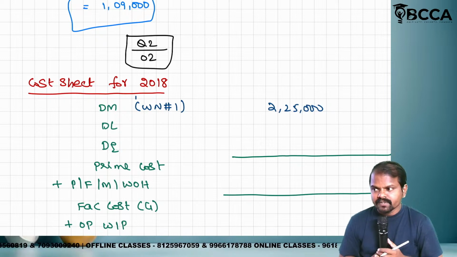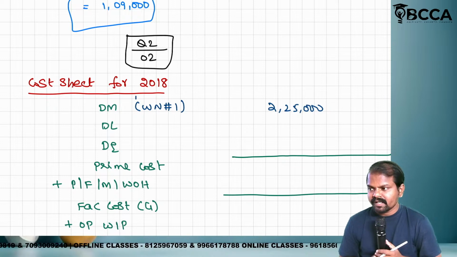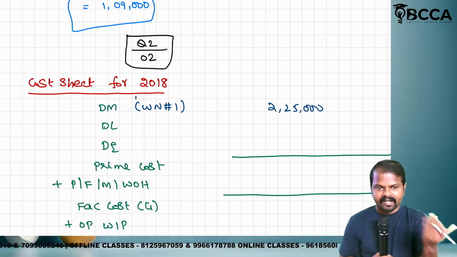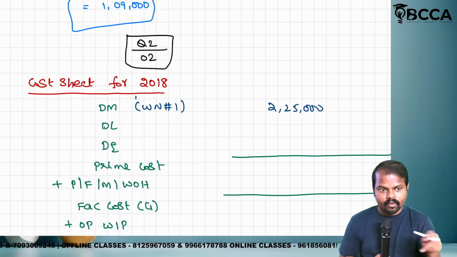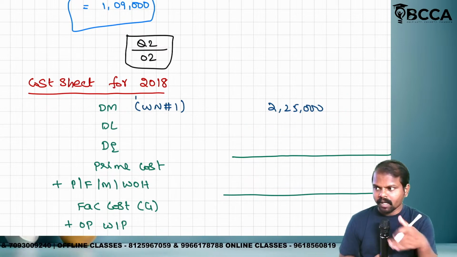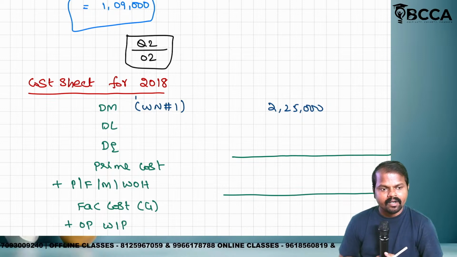Correct. See, a student is asking, sir, in the 2017 cost sheet 1,20,000 is given, so 1,20,000 plus whatever increased portion we will consider, but I am not getting this answer. Please remember, my dear friend, 2017 output is 200 units. 2018 output is not 200, it is 300.